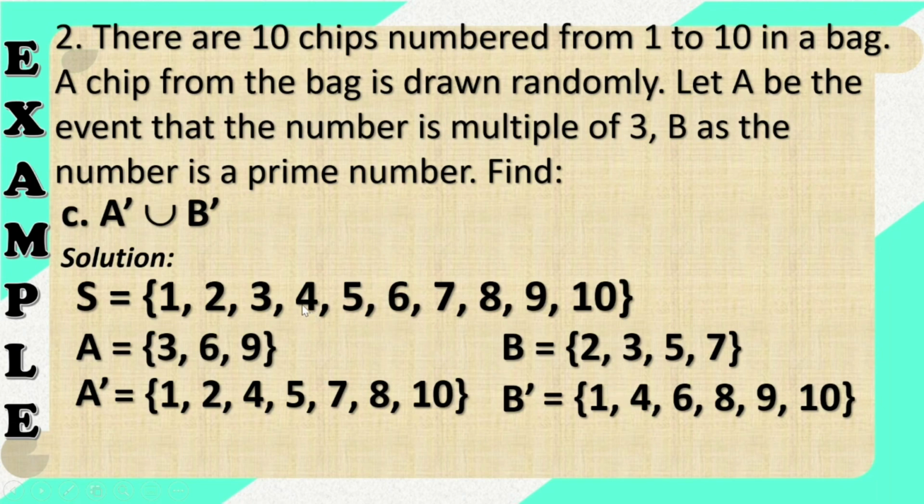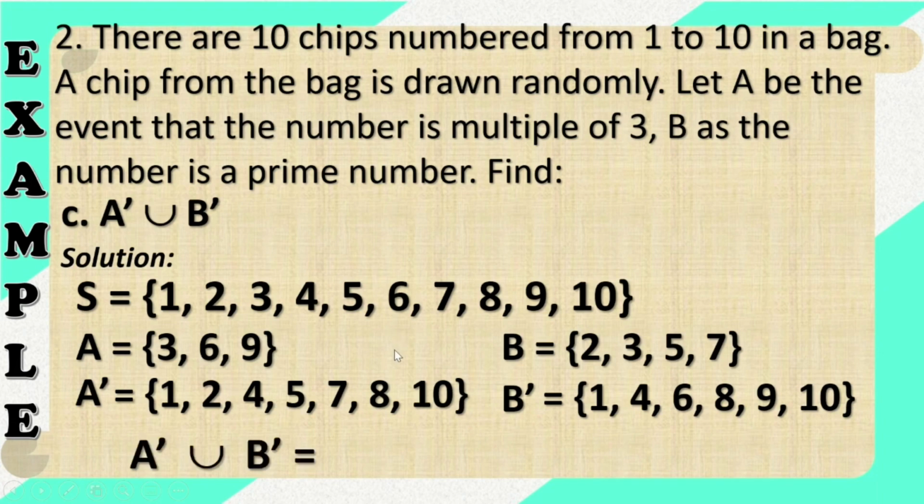So, we have 4, because 3 is also in B. Then the 5 we also do not take. 6. Then 7 is also in event B. So, 8, 9, and 10. Therefore, the B complement, we have 1, 4, 6, 8, 9, and 10.